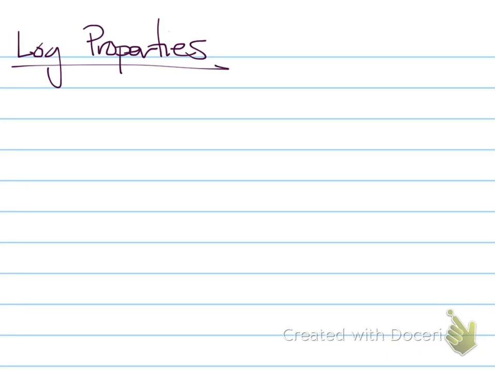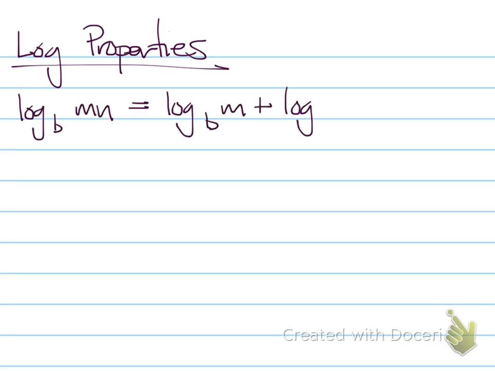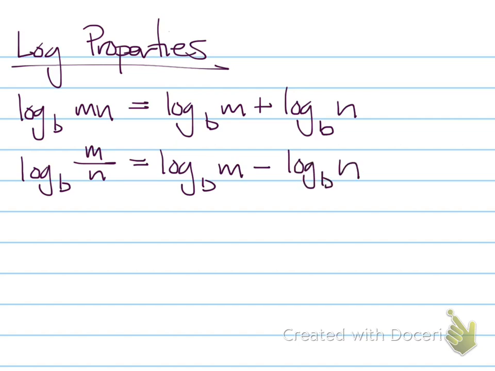So we need to understand some of the log properties. Whenever you have log base b of m times n, to expand that, that's the same thing as writing log base b of m plus log base b of n. And as you probably expected, whenever you're taking the log base b of the quotient of two numbers, that's the same thing as expanding it and writing it as log base b of m minus log base b of n.